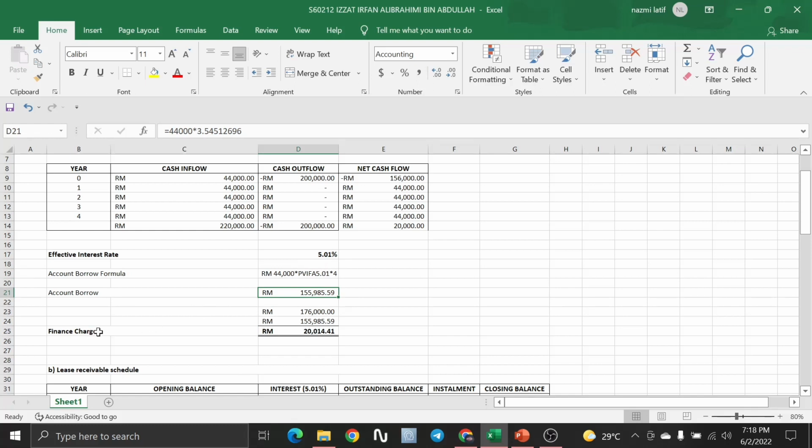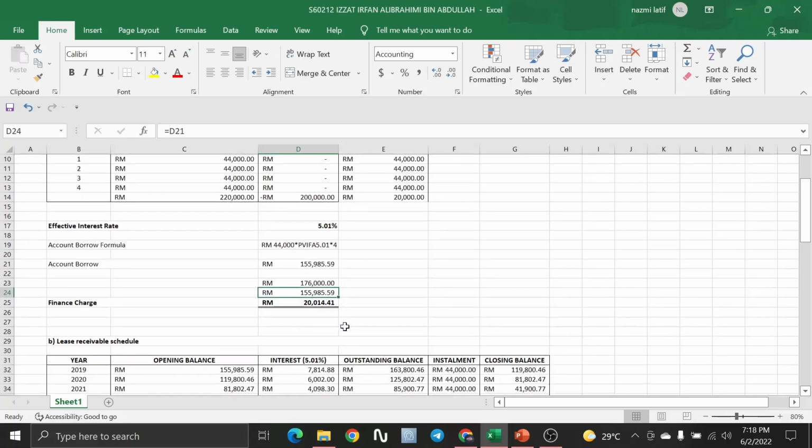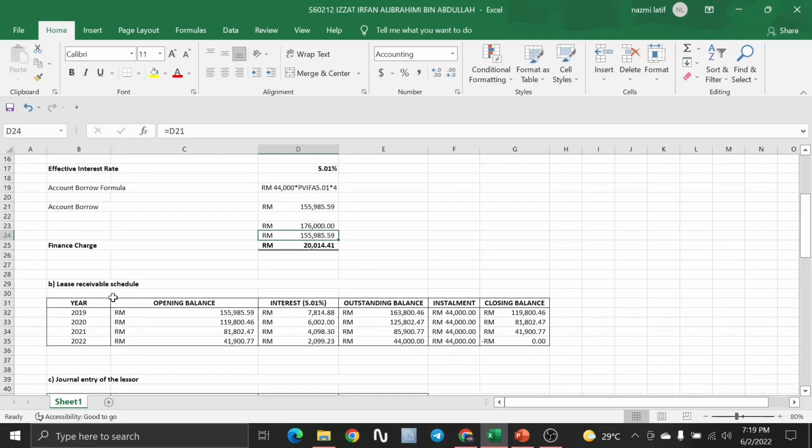Then to calculate the finance charge, the formula is total cash inflow minus payment. Total cash inflow is RM220,000 minus RM44,000, and then the payment is RM155,985.59. We can get the finance charge is RM20,014.41.